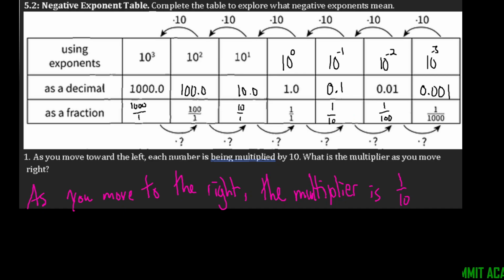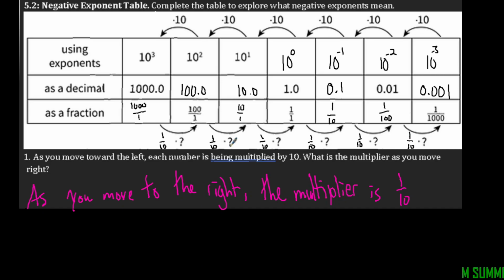So as we move to the right, we're multiplying by 1 over 10. That's why it's almost like we are dividing by 10 as we move to the right.